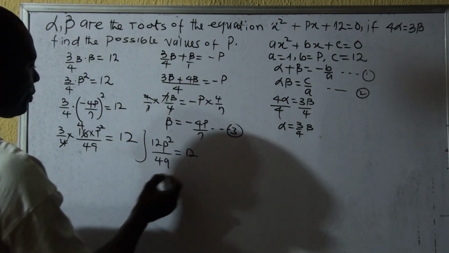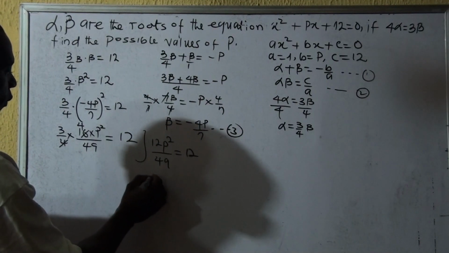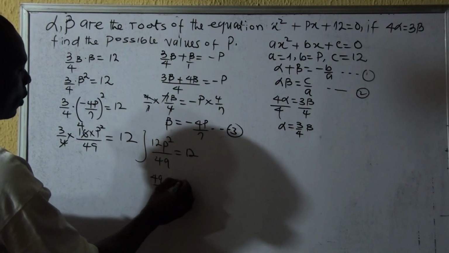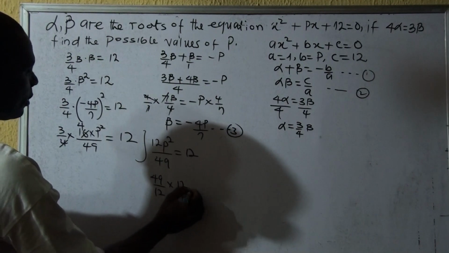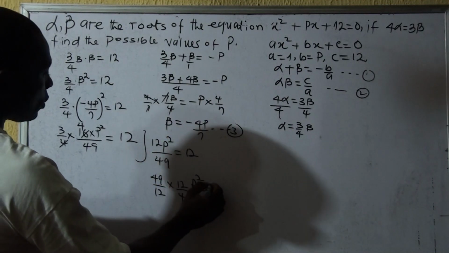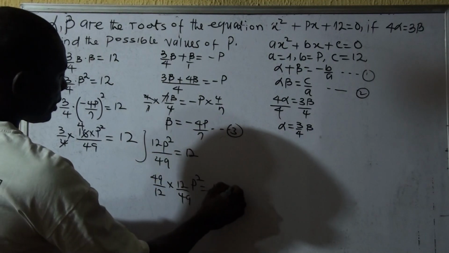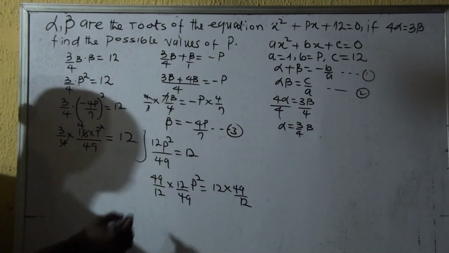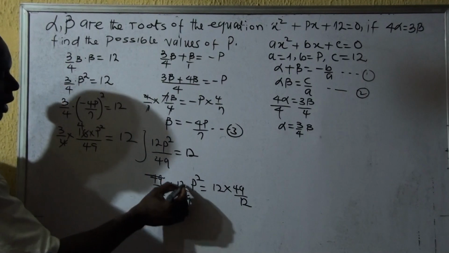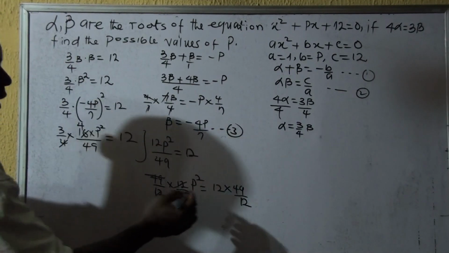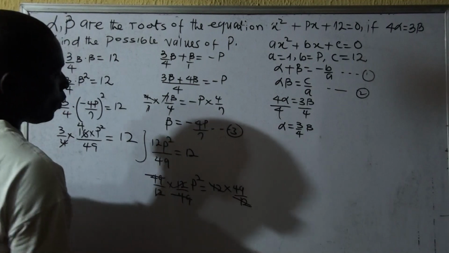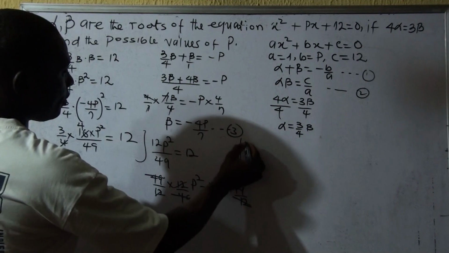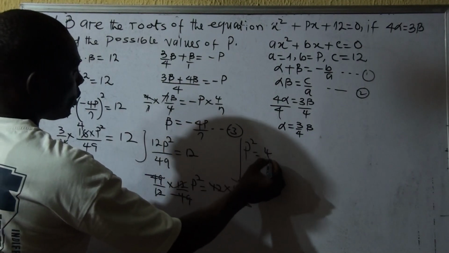Then 49 over 12 times 12 over 49 p squared is equal to 12 times 49 over 12. They cancel off, and on the right-hand side 12 goes with 12, and what is left is simply p squared is equal to 49.